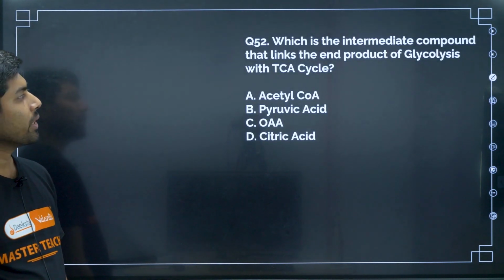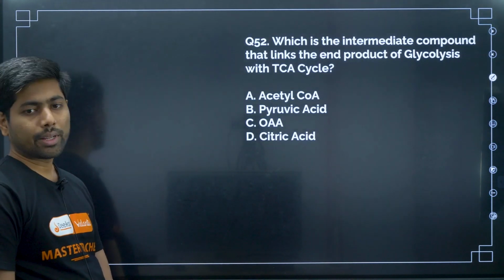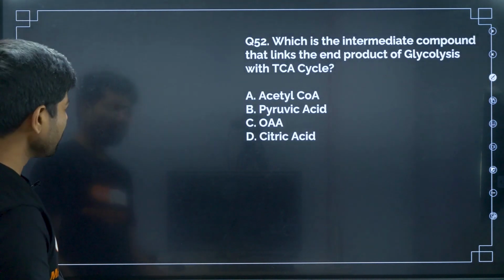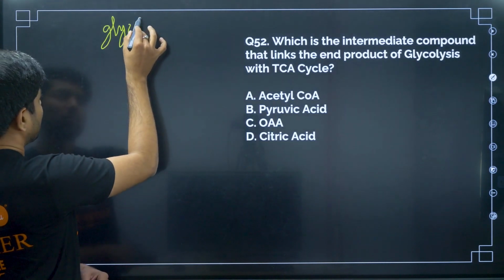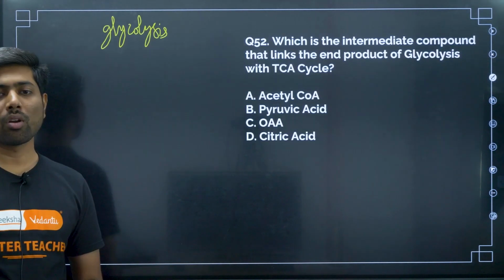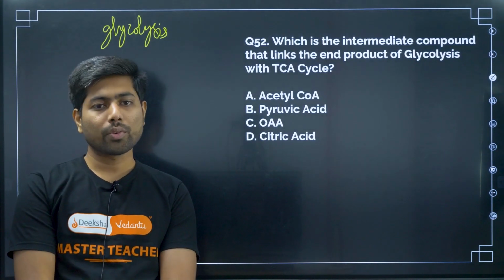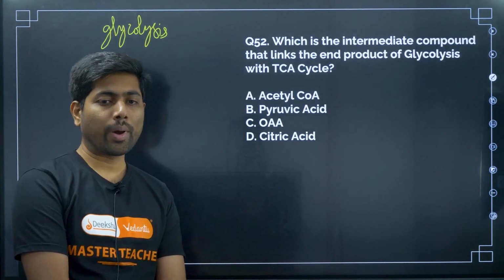Which one of the intermediate compounds links the end product of glycolysis with the TCA cycle? Now, glycolysis is a process where breakdown of glucose occurs and it will result in a product. What is the product? You get two pyruvic acids.